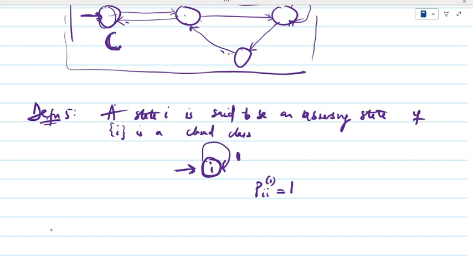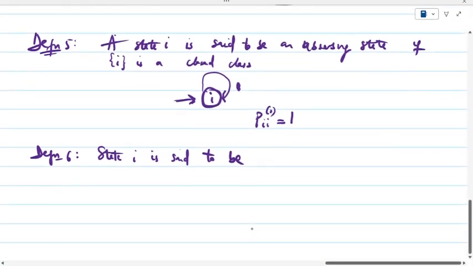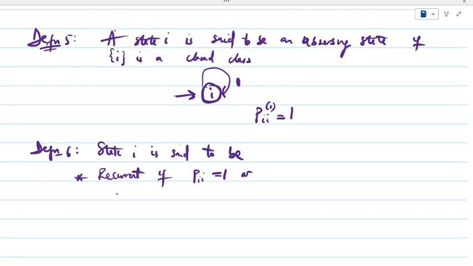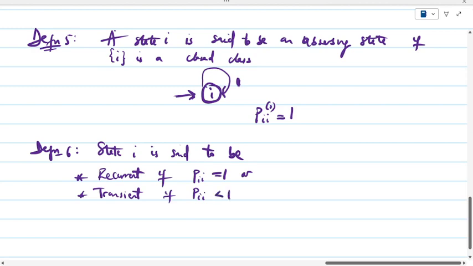Now you have to also check definition 6. It says state I is said to be recurrent if the probability of moving from I to I is equal to 1, or transient if the probability of moving from I to I is less than 1.